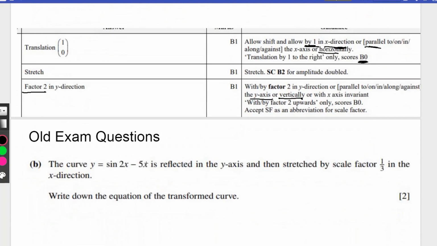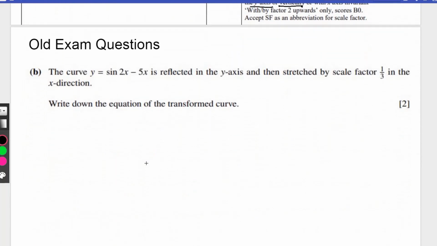Take a look at this next one. This is part B. This is worth 2 points. The curve y equals sine 2x minus 5x is reflected in the y-axis. So it's reflected in the y-axis. Remember, that's going to be this. And then stretched by a scale factor of 1/3 in the x direction.